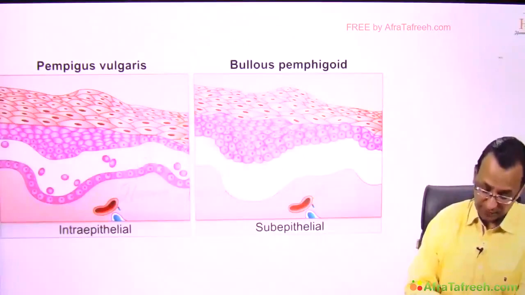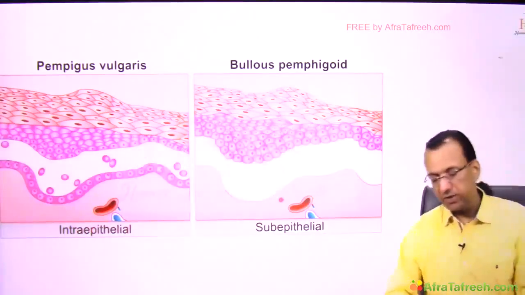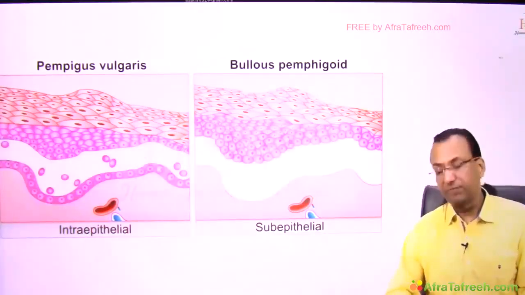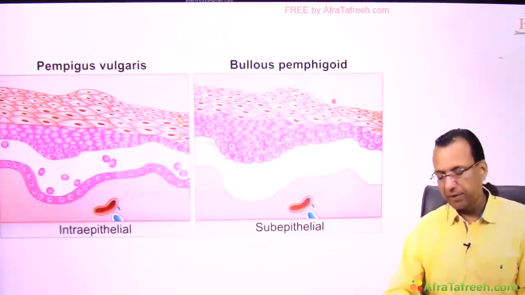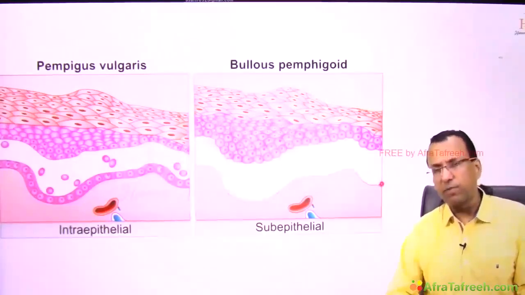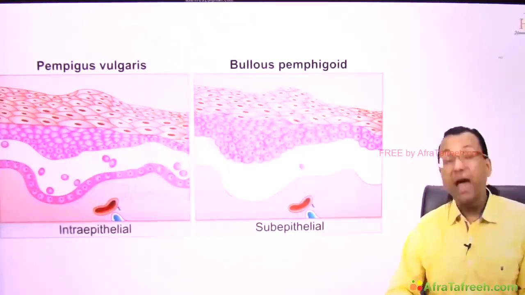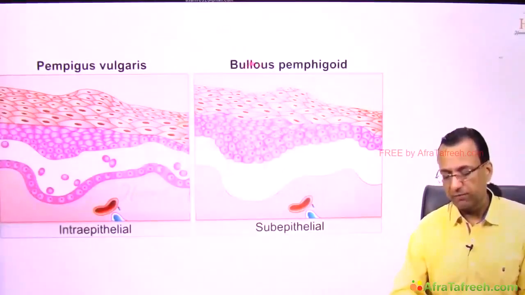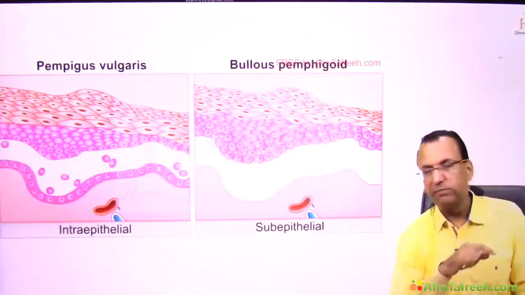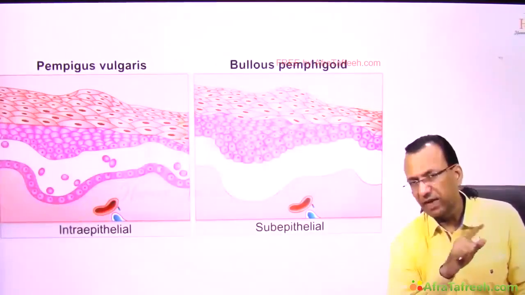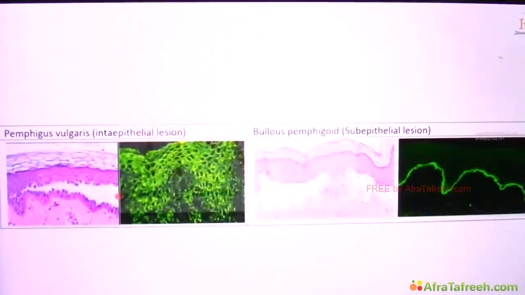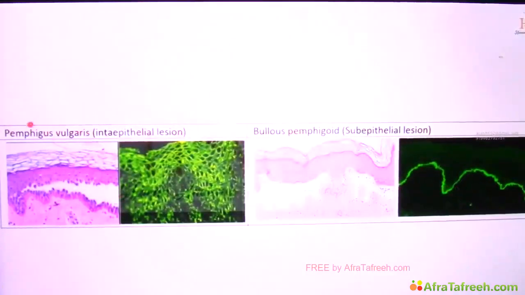This is pemphigus vulgaris. What about the subepithelial lesion, where there is separation of the epithelium from the basement membrane? As the epithelium is separating from the basement membrane, it is an autoimmune disorder destroying the hemidesmosomes, that is bullous pemphigoid. If you are doing immunofluorescence staining, you will find that in pemphigus vulgaris, which is an intraepithelial lesion with layer number 4 involved, there is a fishnet appearance.